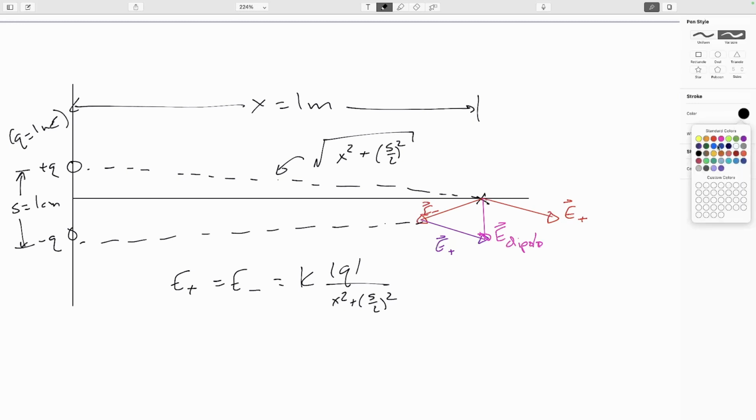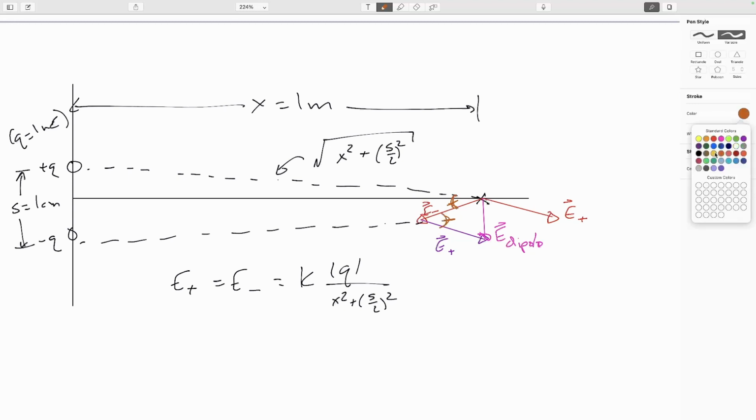You should, I hope, be able to convince yourself that this angle here between these 2 work lines and this angle here between these 2 vectors are the same by alternate interior angles. And since they're otherwise both isosceles triangles, that means that this vector triangle that I drew here is a similar triangle to this physical triangle right here.